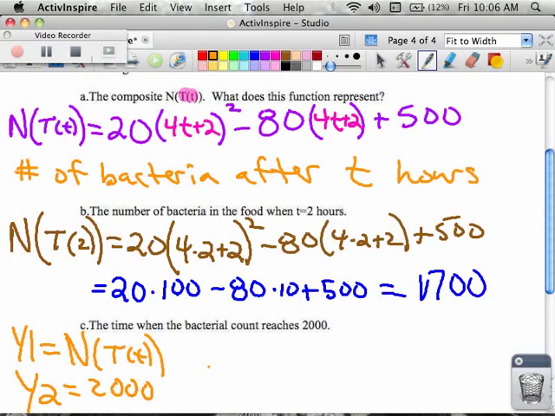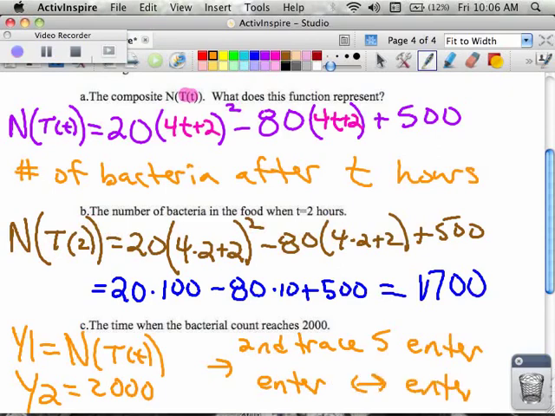And then you go second, trace, 5, enter, enter, arrow, enter. This is finding the intersection of the two functions, 2,000 and the function.